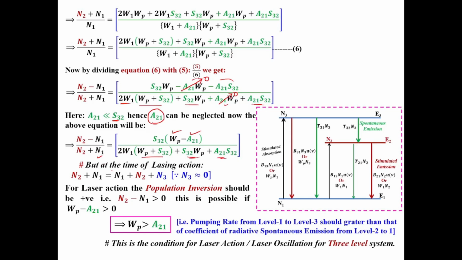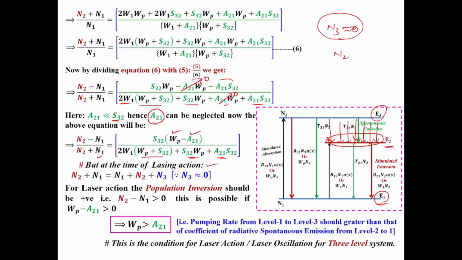Okay. Now at the lasing action, that means when the lasing action is started by the three level laser system, at that time N3 is negligible as compared with N2. That means here it is considered that all the atoms excited from E1 to E3 come down to E2 by non-radiative transition, due to which we get the population inversion between E2 and E1.